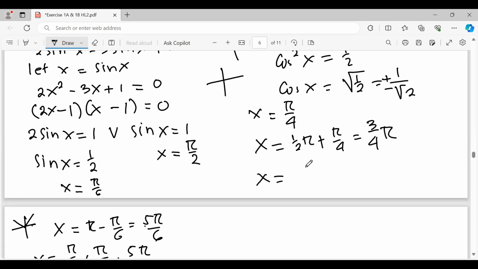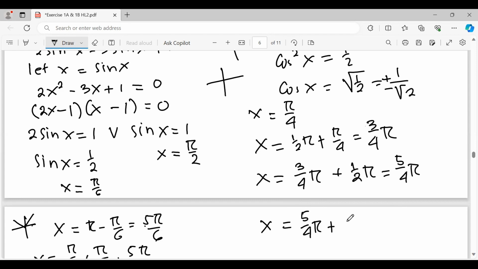The next x, on quadrant 3, 5 pi over 4. And quadrant 4, it will be 7 pi over 4.